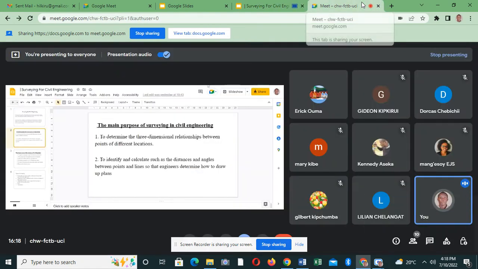Second one, now we can look at the purpose of why we are doing surveying in civil engineering. Eric, why are we doing this? I'm asking the main purposes of doing surveying in civil engineering.